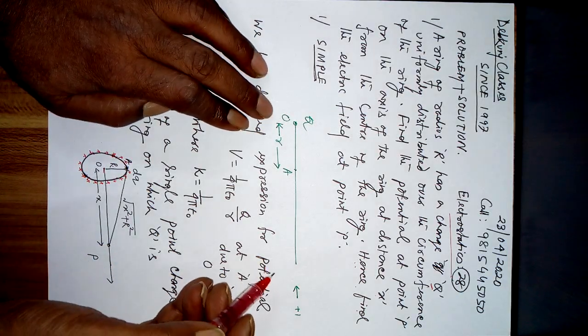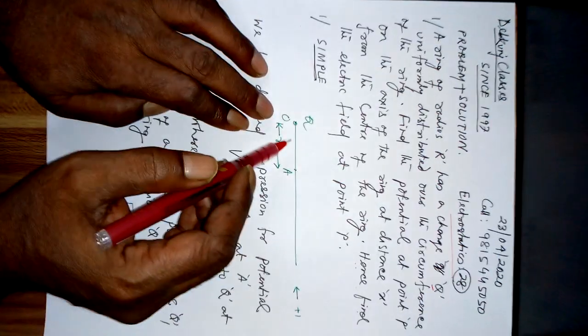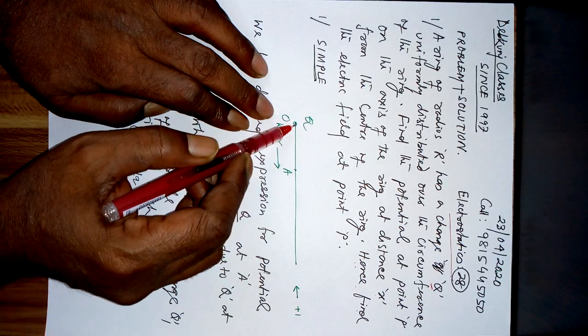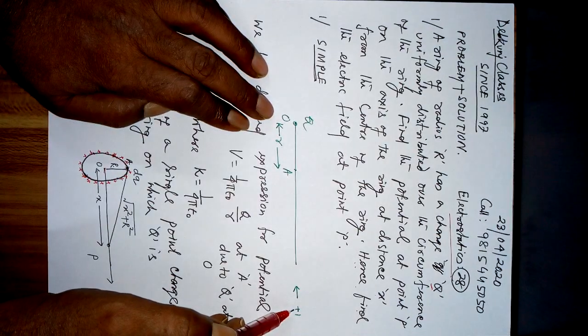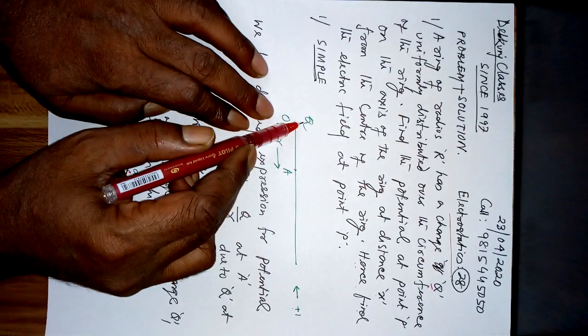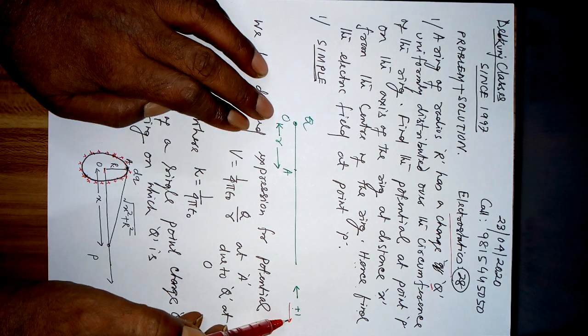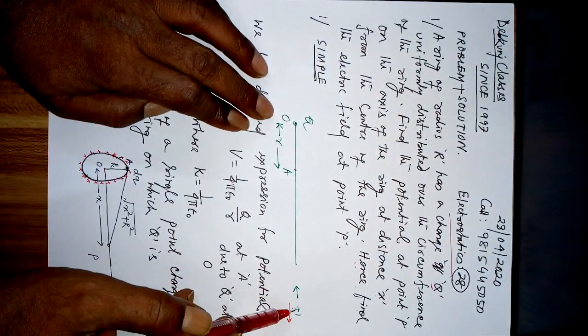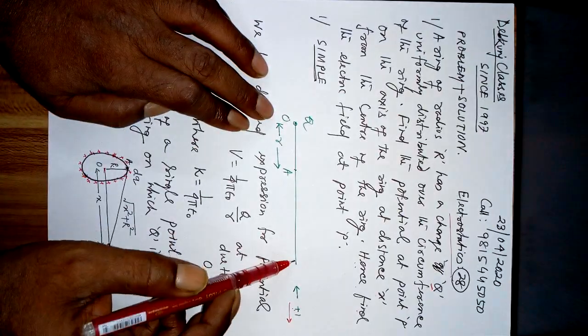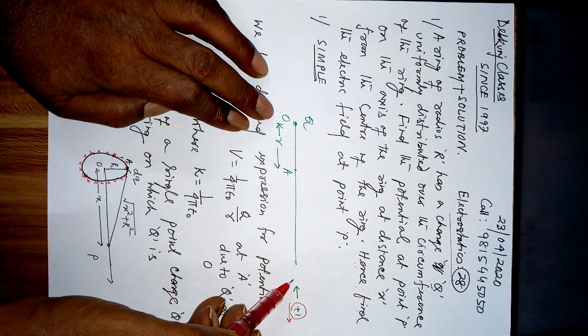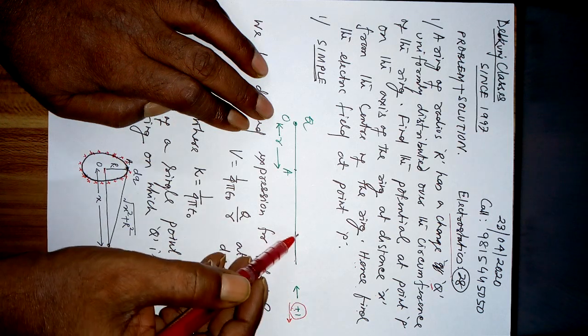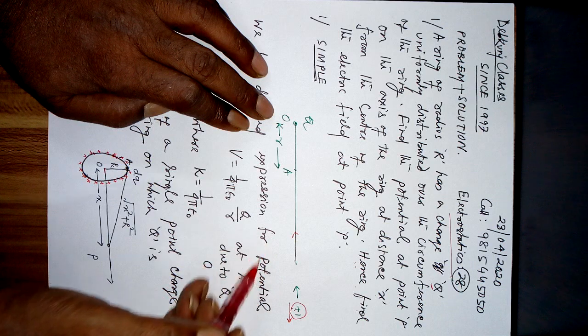In my previous theory lectures, I had derived: suppose here is a charge Q and there is a test charge here. This Q, which is positive, is pushing this charge to this side with a force 1 by 4 pi epsilon naught, this Q into this divided by distance square. So if you bring this charge to this side, you have to do some work.